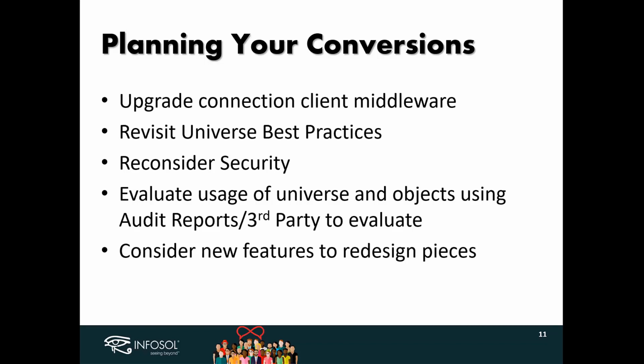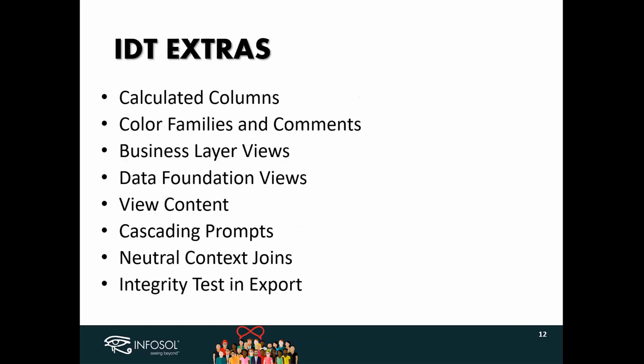And definitely look at all the new features of the UNX format and see whether it makes sense to redesign some of the pieces from your universe. Even if it's not broken in the new system, there might be new features that you can leverage. A few new features are calculated columns in the data foundation layer, business layer views, and data foundation views.